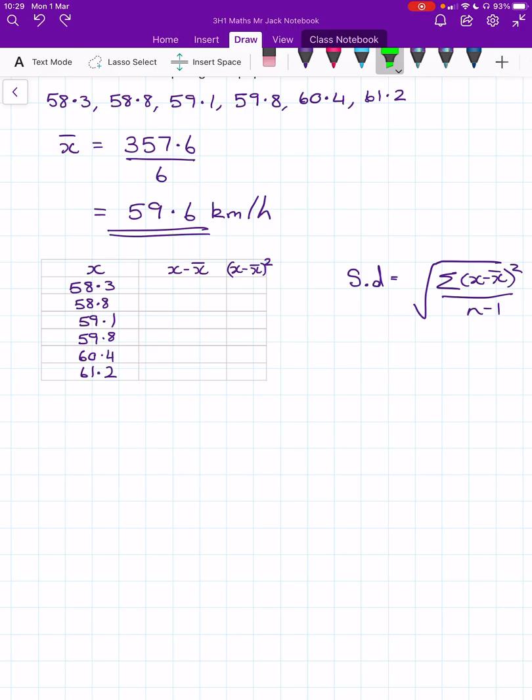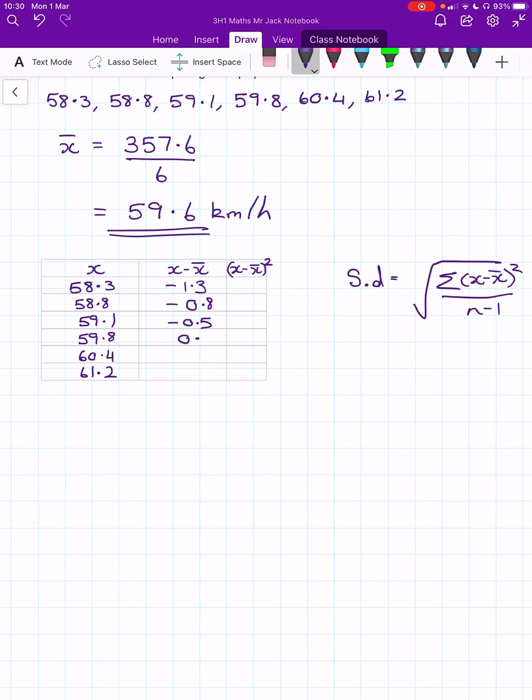So 58.3 minus 59.6, we get negative 1.3. 58.8 minus 59.6, negative 0.8. This one will be negative 0.5.